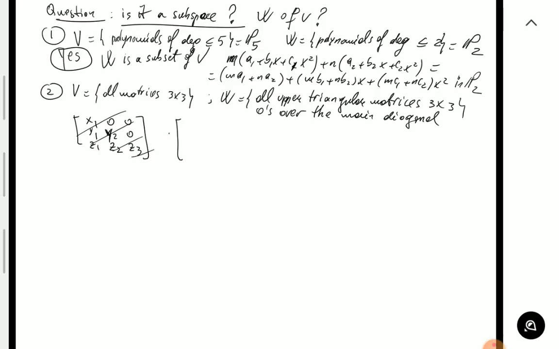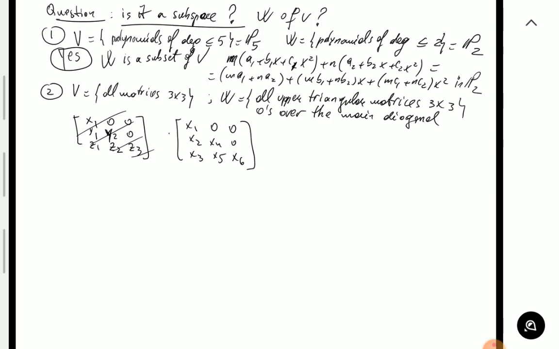Trying to figure out what's the best notation. x1, x2, x3. Let's use the single letter, and let's count them by column, right? So let's say you have x1, x2, x3, 0, x4, x5, 0, 0, x6.